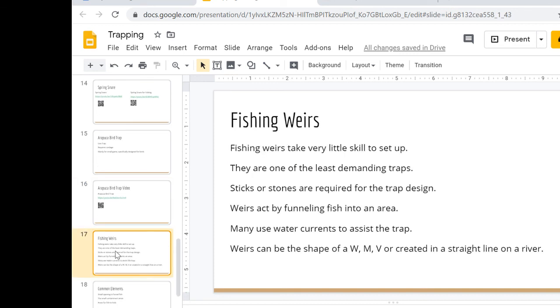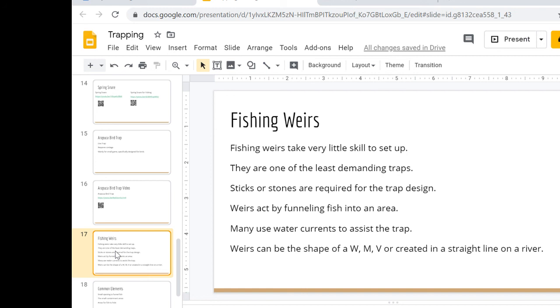Fishing weirs, like I mentioned before, are just a funnel. Least demanding trap. We just need some straight sticks or some stones to build a funnel. Often it's going to go in the direction of the current. If it's a pond, then you would build it along the side of the pond so that the weir funnels them in. Normally your W's and your M weirs are used for ponds. Your V weirs are used for like a river current.